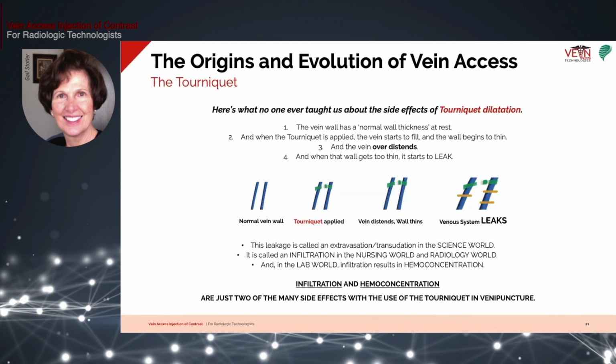In the lab world, when fluid leaks out of the system, it affects the laboratory results, falsely elevating certain components. That's not a good thing. That's called hemoconcentration, the blood concentrates. So infiltration and hemoconcentration are just two of the many side effects to the use of the tourniquet in venipuncture. We can't have that.